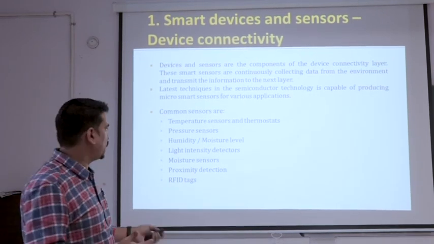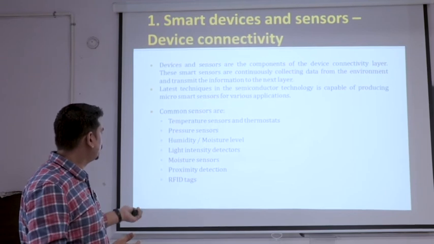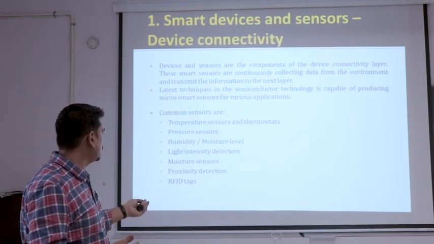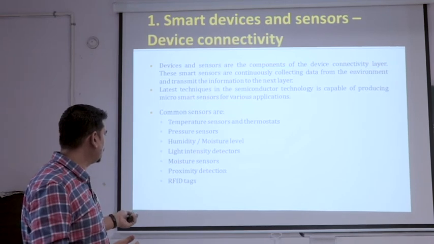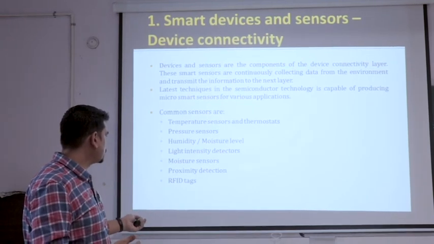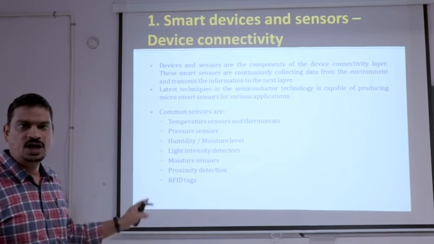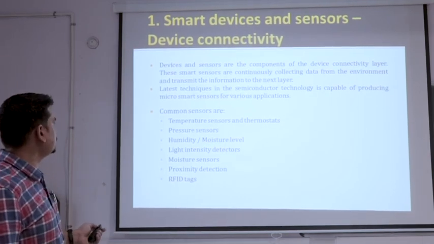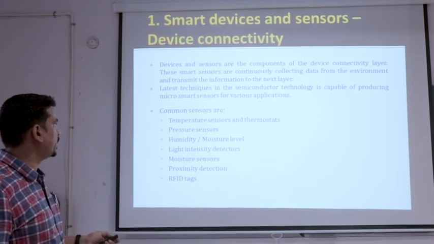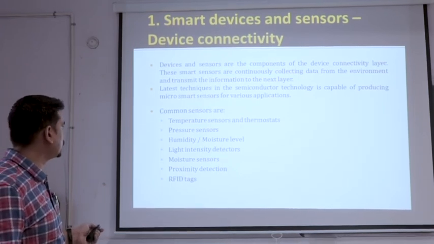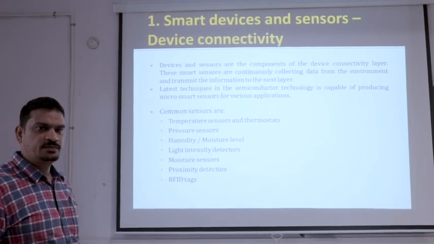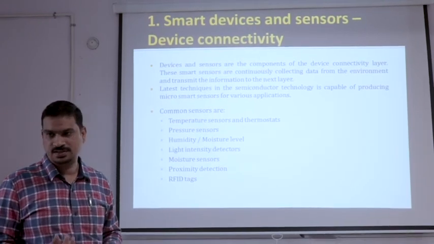In terms of sensors, we have different types of sensors like temperature, pressure, humidity, light intensity, moisture, proximity, and RFID tags. All are different types of sensors. The latest semiconductor technology is capable of producing micro smart sensors for various applications. Yes, we have very small sensors nowadays.